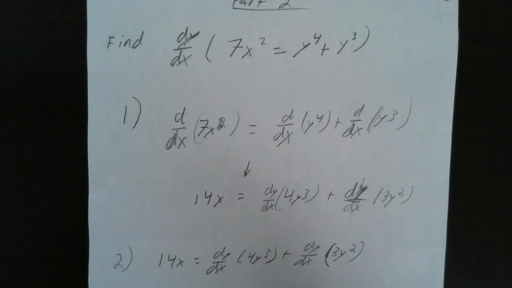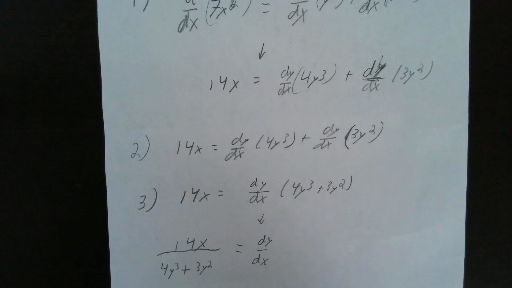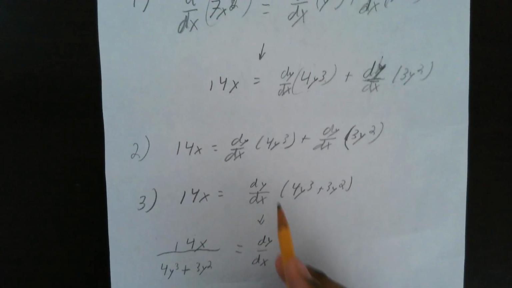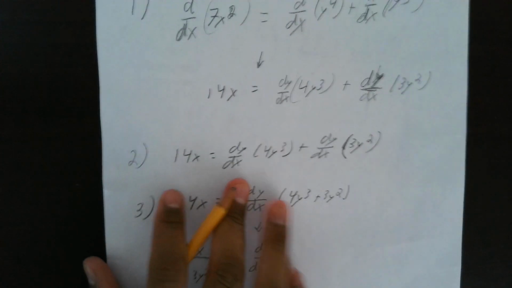So we can just move right on to step 3. So we isolate for dy over dx, and then we get 14x over 4y to the third plus 3y squared as our answer. Let's move on to the next problem.